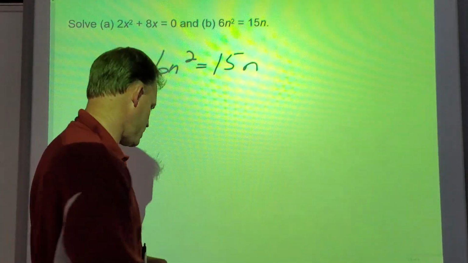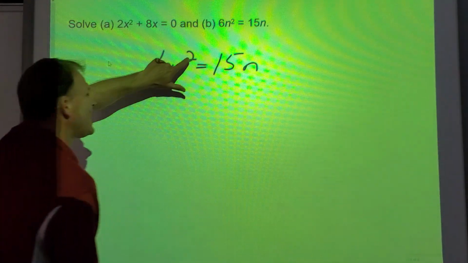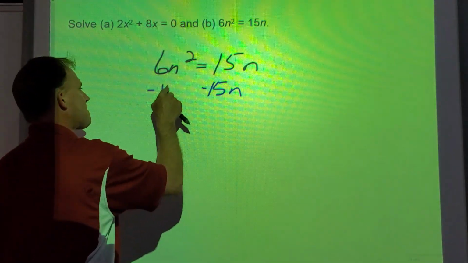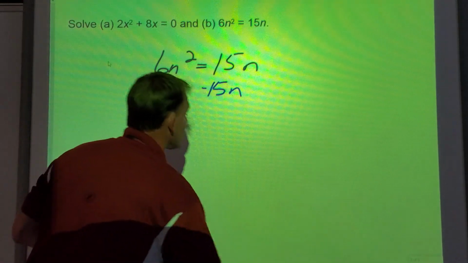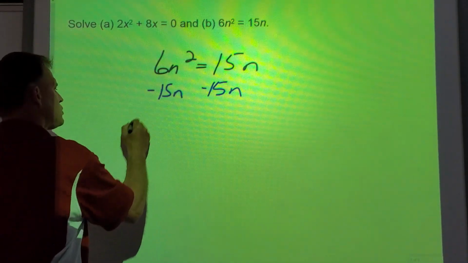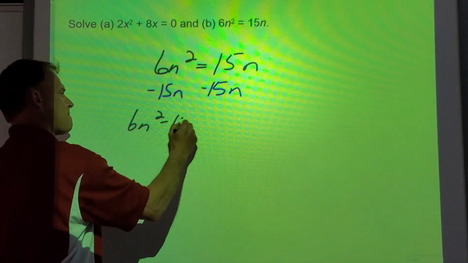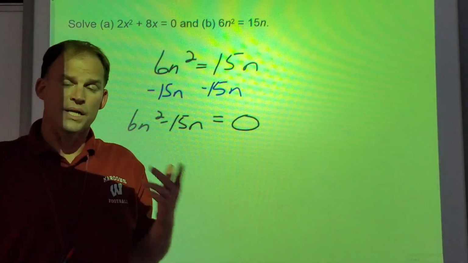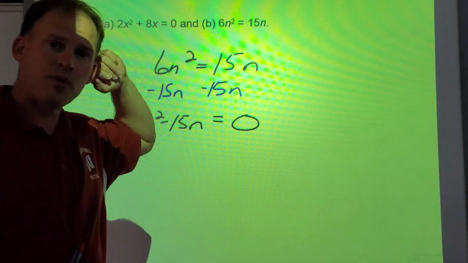I got to get it equal to 0. All right? I need the n squared positive, so I'm going to go this way. These are not like terms, so I just have that.